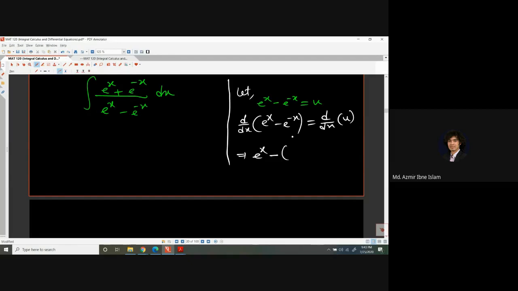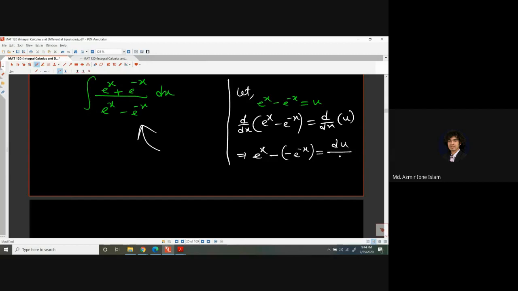There is a negative, and differentiation of e to the power negative x will be negative e to the power negative x. So see, every time before solving an indefinite or definite integral, we must know differential calculus. We must recall all the formulas from differential calculus. Okay, so we can't avoid all these things.